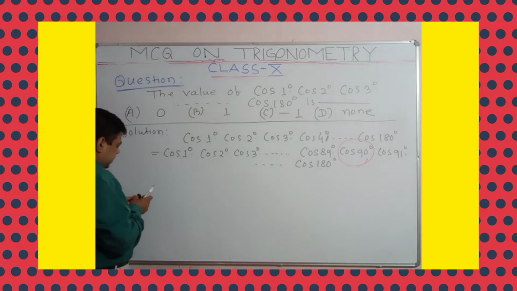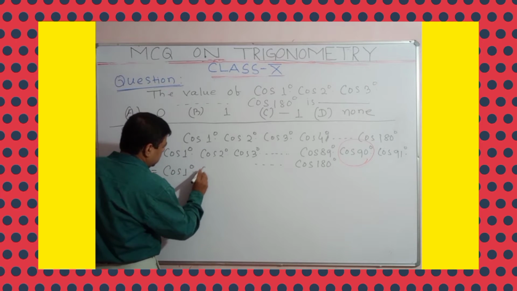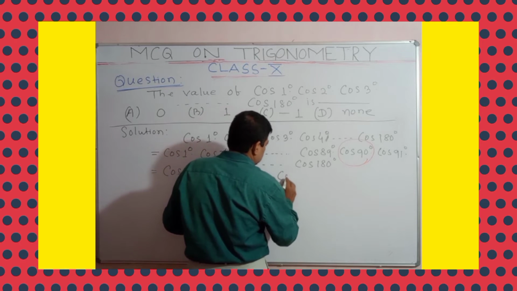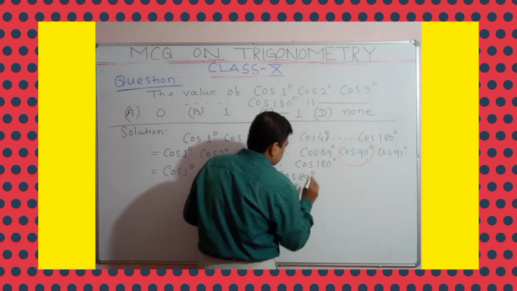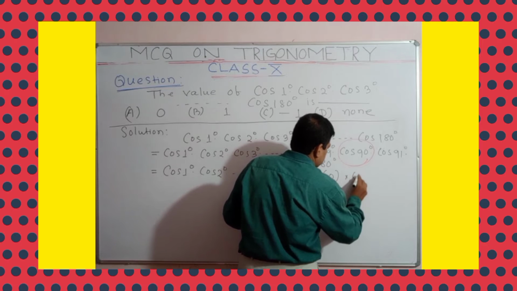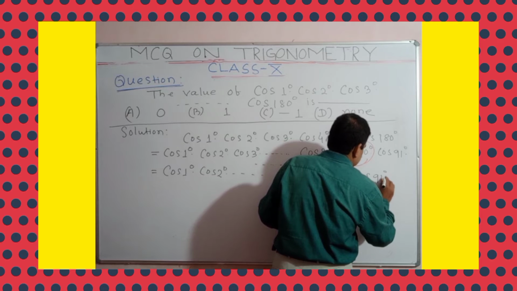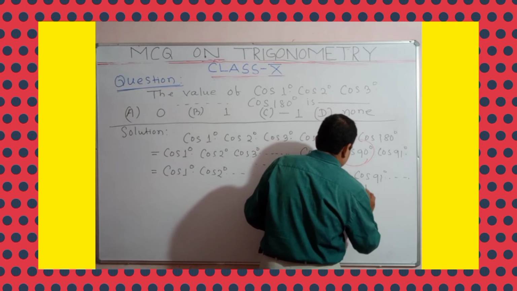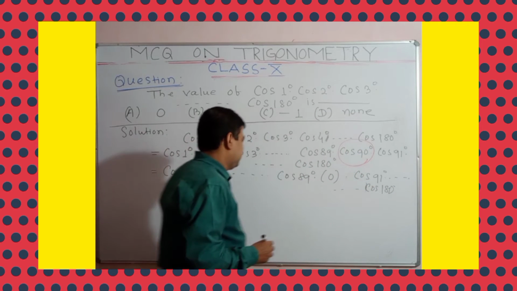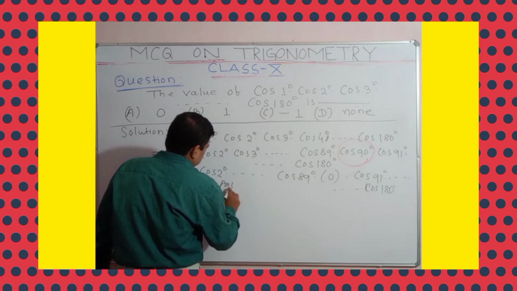So you can write cos 1 degree into cos 2 degree, in a similar manner you can continue up to cos 89 degree into cos 90 degree, which is 0, into cos 91 degree up to the last, cos 180 degree. Understand? Since one of the factors is 0, the whole value will be 0. Yes or no? Hence the required value is 0.